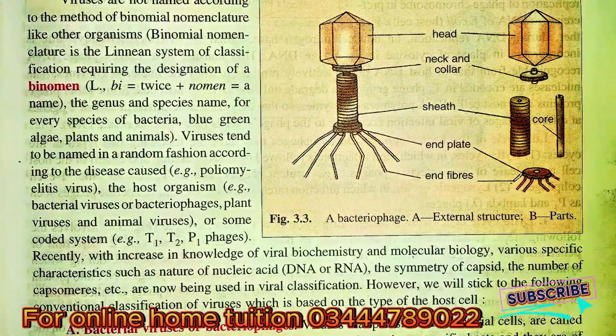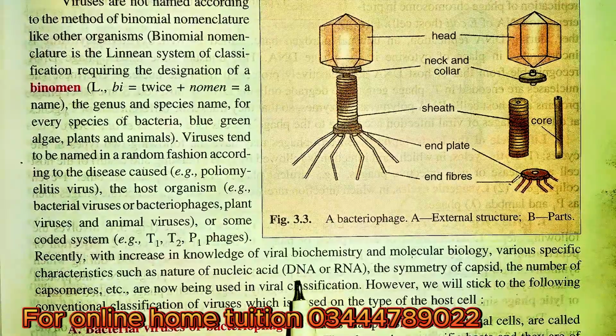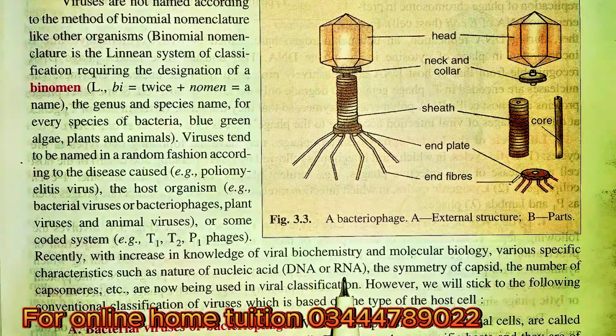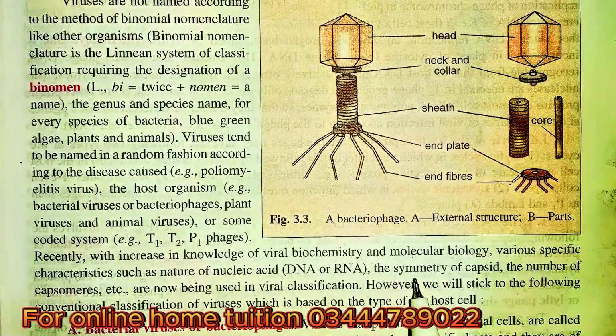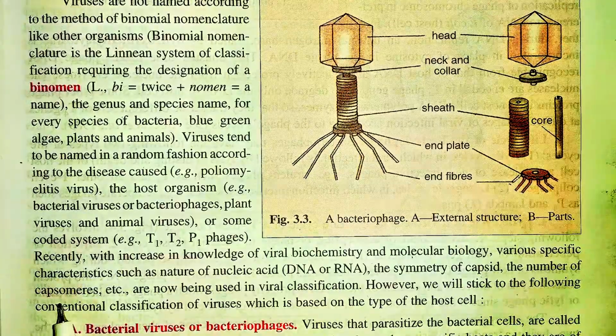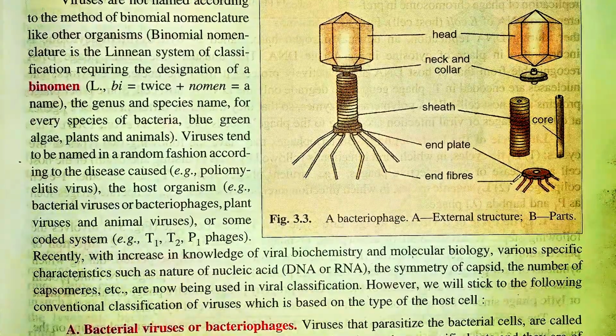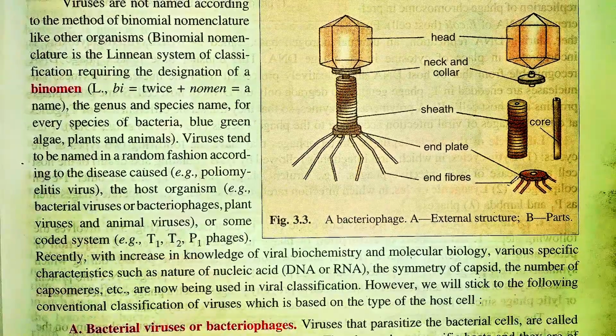We name some viruses according to the presence of DNA or RNA, calling them DNA viruses or RNA viruses. Sometimes we classify them by the symmetry of the capsid, or by their capsomeres. So you will be thinking, how are we going to name the viruses?